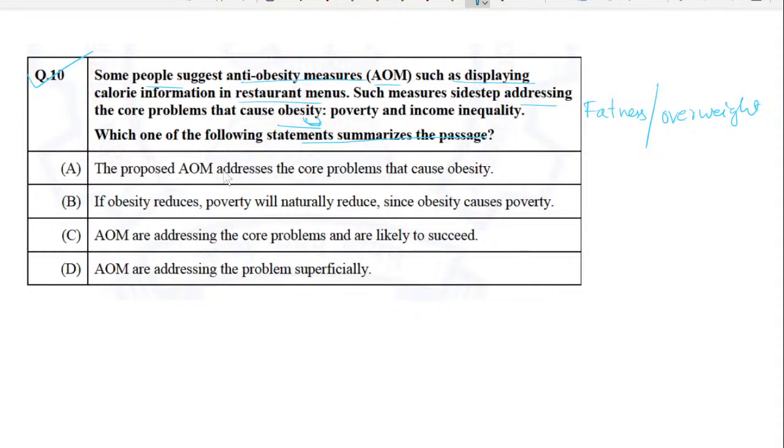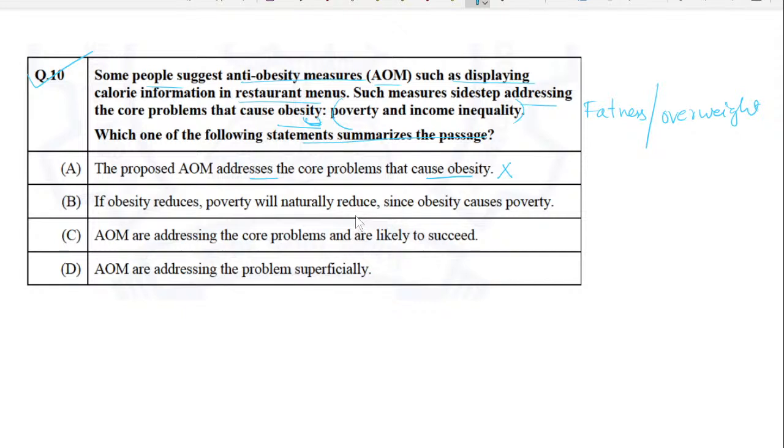The proposed AOM address the core problems that cause obesity. This is not the correct statement, or this is not the correct summarization. Here the problems mentioned are poverty and income inequality. So these are the two problems mentioned here.